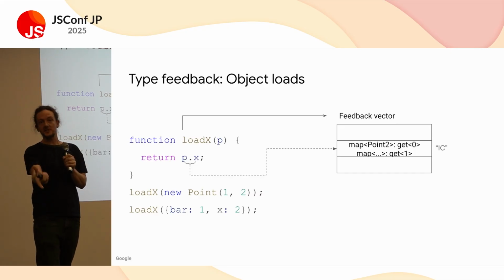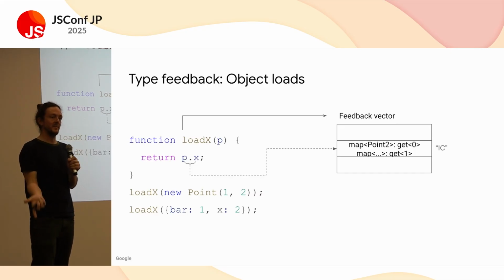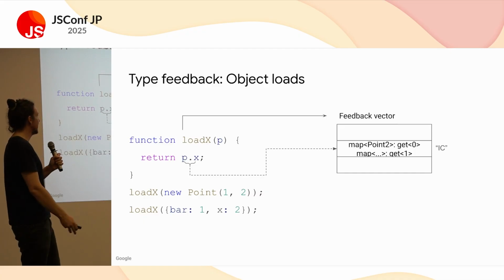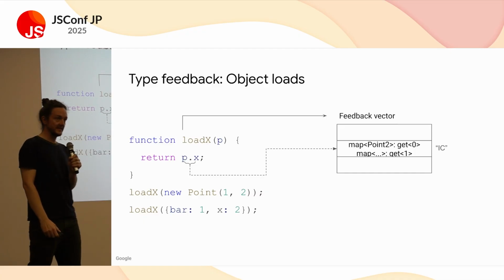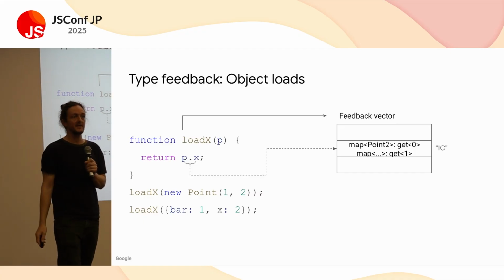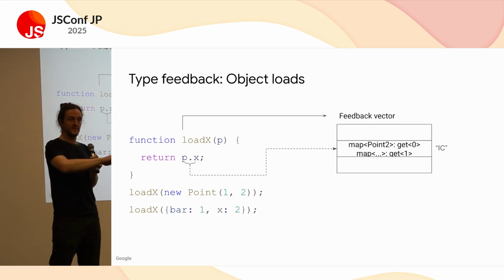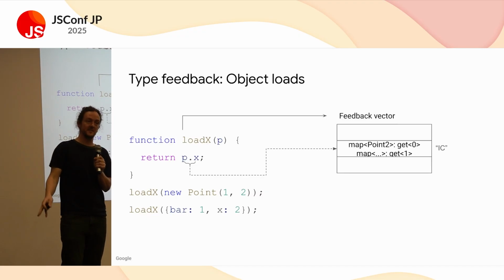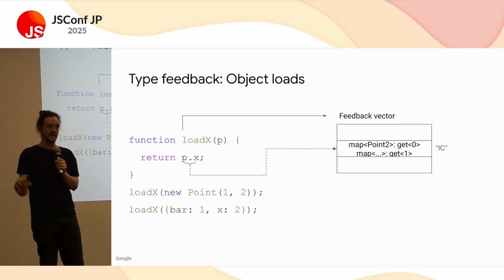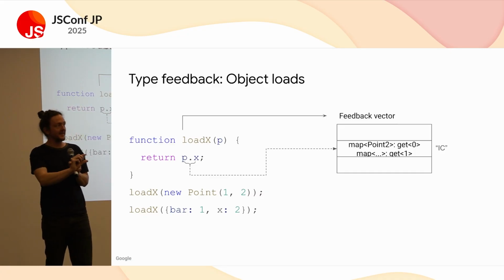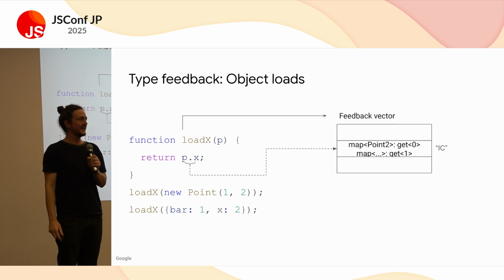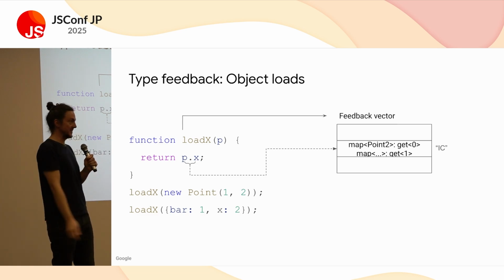So if you change the order, then this is a different map, and we need a different accessor to get this property. In the end, we will have a list of all the objects that basically traversed through this point in source, and how they looked like, and where we found their properties.